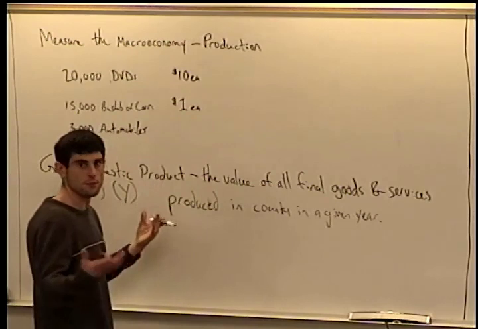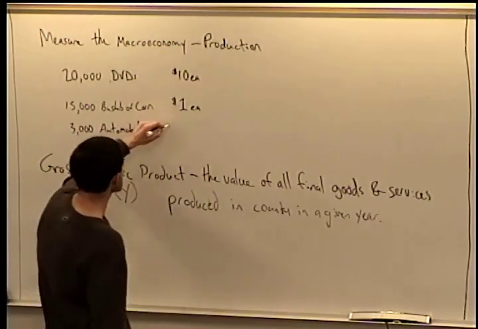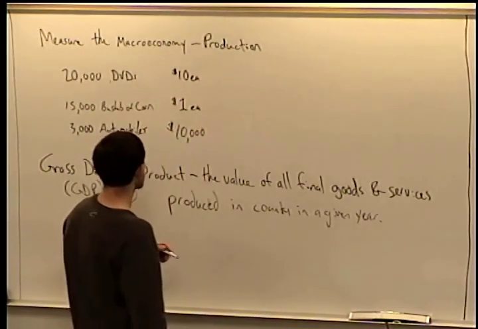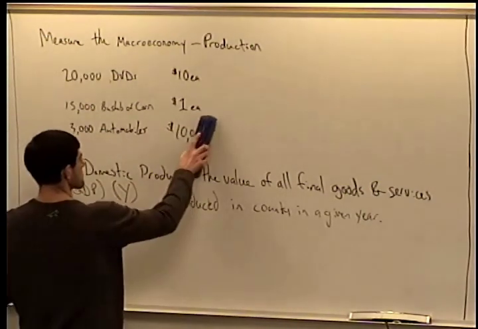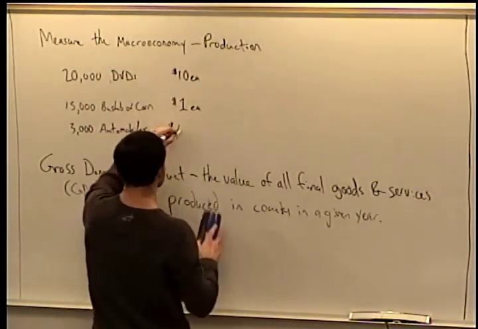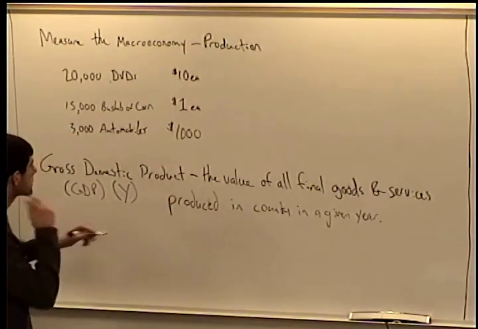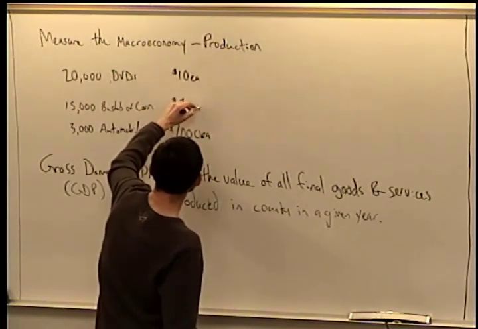I don't know how much corn costs. And then we have 3,000 automobiles, and each automobile cost $10,000. Or we'll just call it 1,000, excuse me. Or this is per bushel.